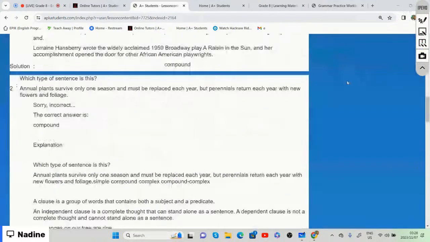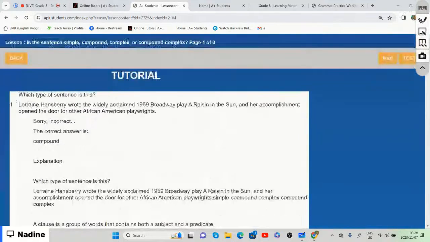If we look at this sentence, it says, which type of sentence is this? Lorraine Hansberry wrote the widely acclaimed 1959 Broadway play, A Raisin in the Sun, and her accomplishment opened the door for other African American playwrights.